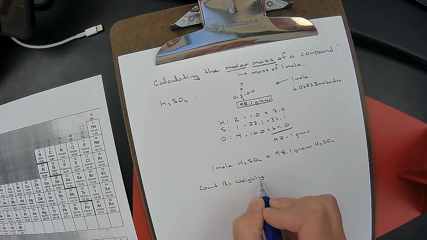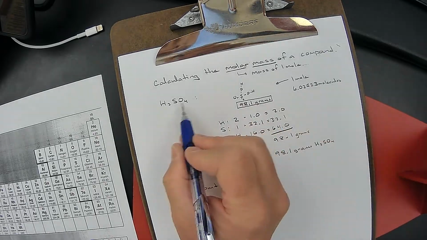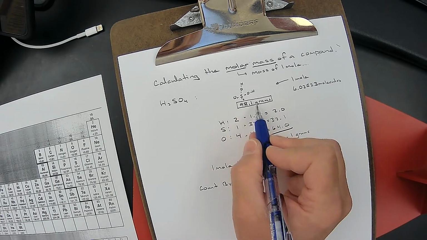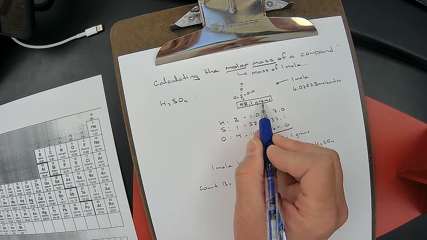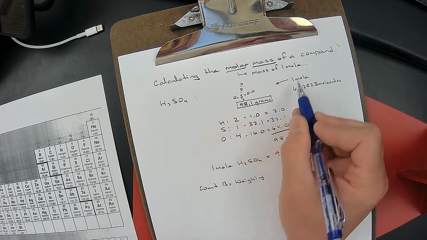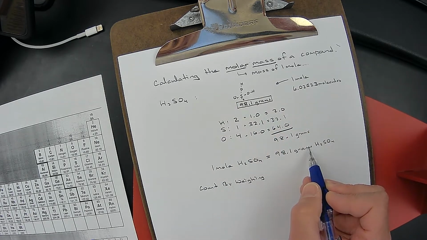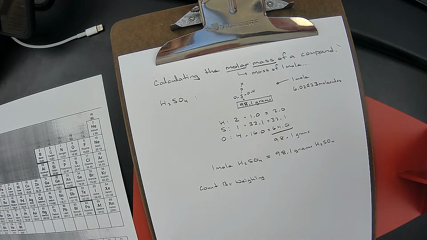And so instead of counting out that number of molecules, since this is a liquid, we would be pouring the liquid onto the balance until the balance reads 98.1 grams. Once we have 98.1 grams, we know we have a mole, because that's the molar mass from the periodic table, which is equivalent to that many molecules, 602 billion trillion molecules.